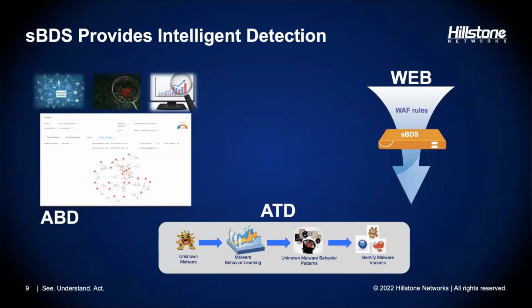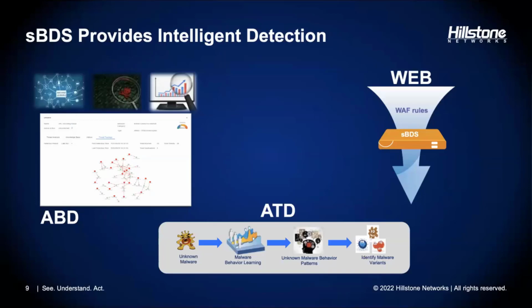Let's begin with the detection capabilities of SBDS. Due to the breadth and depth it can cover, it helps build resilience in a cybersecurity scheme. During detection, SBDS is able to perform abnormal behavior detection, advanced threat detection, and is also able to detect application layer attacks, which means being able to detect and stop, for example, the OWASP top 10 threats.